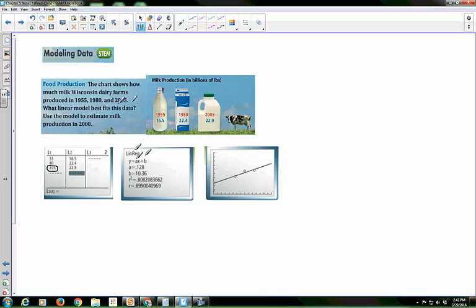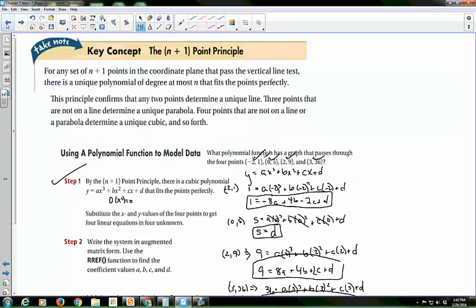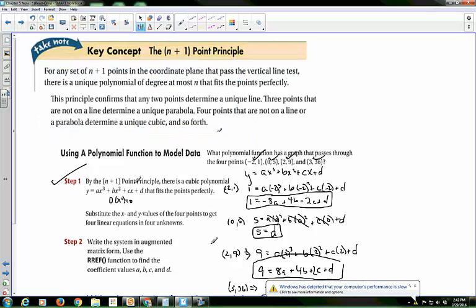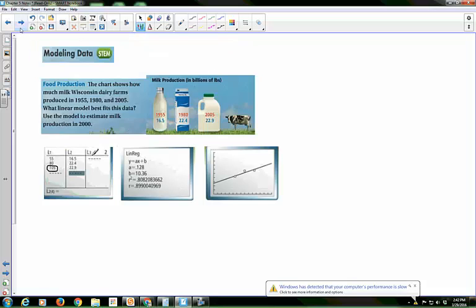So we go to our linear regression calculator. Previously, we just had data points and no other pertinent information. Here we have these data points, but they tell us what linear model best fits this data. So we know we're going to linear regression.